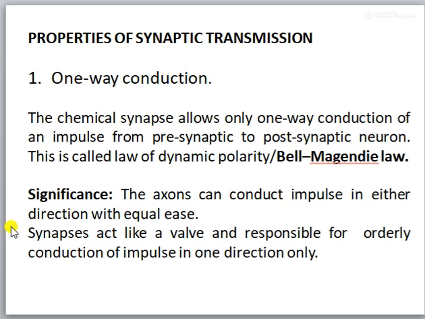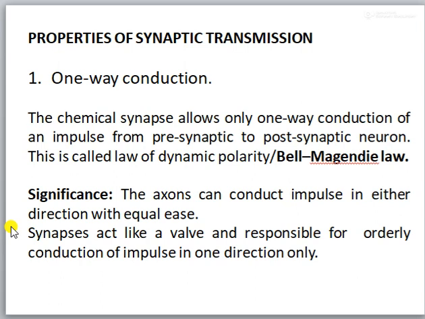What are the properties of synaptic transmission? There are many properties of synaptic transmission. One is one-way conduction. At the synapse, there is only one-way conduction of impulse from the presynaptic to the postsynaptic neuron. This is called the law of dynamic polarity or Bell-Magendie law. What is its significance?